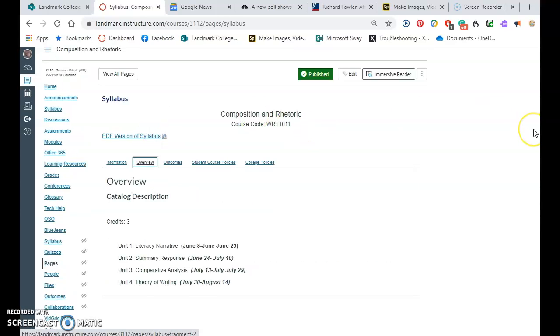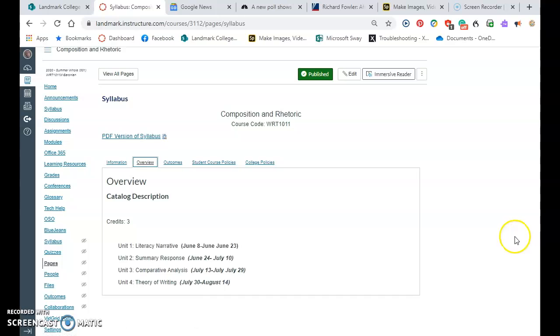So the overview of the course in terms of time: there are 4 units. Each corresponds to a paper that you're going to be asked to write. The first is a literacy narrative. The second is a summary response. The third is a comparative analysis. And the last is your theory of writing.